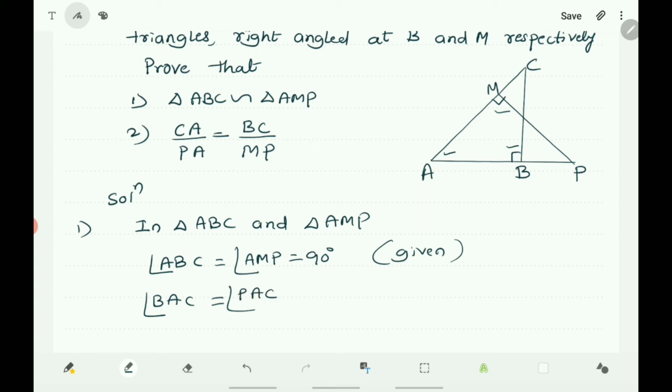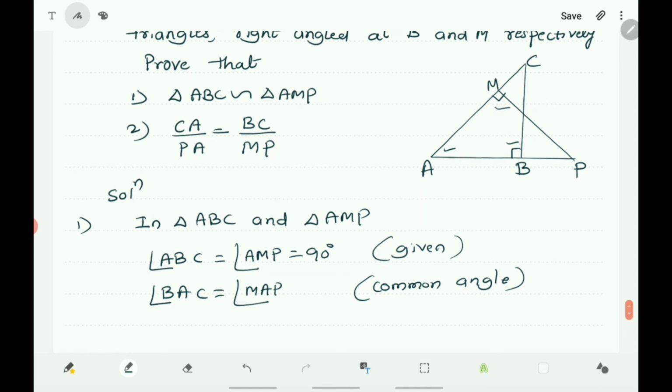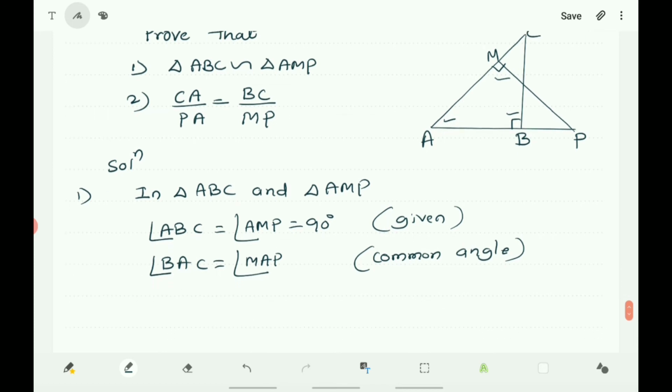Here we can give the reason: common angle. Angle A is a common angle and they must be of the same measurement. So they are equal. Angle BAC is equal to angle MAP. And you got two pairs of equal angles.